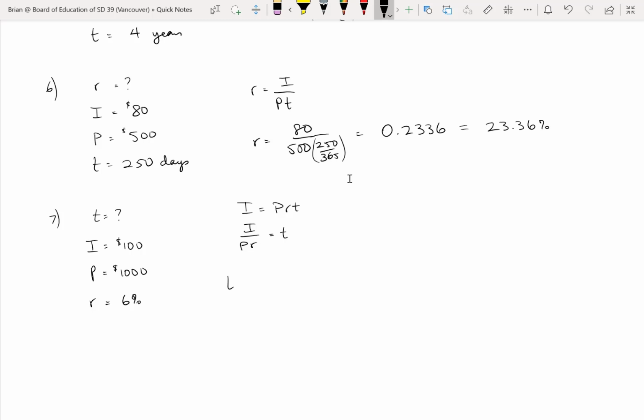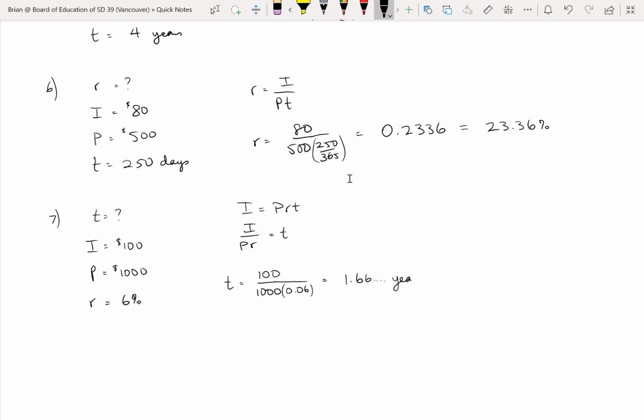So the time is equal to I, 100, over principal, 1,000, times the rate, 0.06. Okay, so again, we punch it all into the calculator and we get 1.66 and repeating.